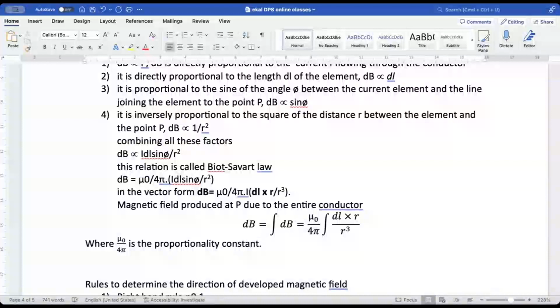And mu naught is the permeability of free space.